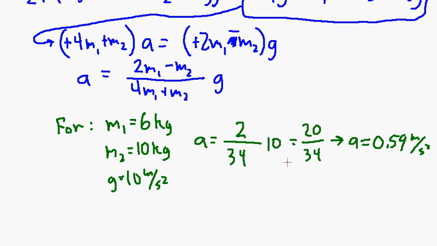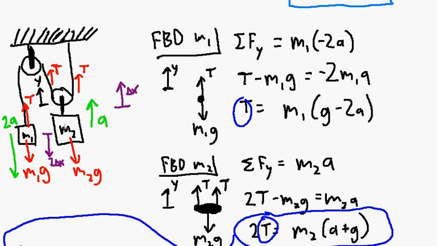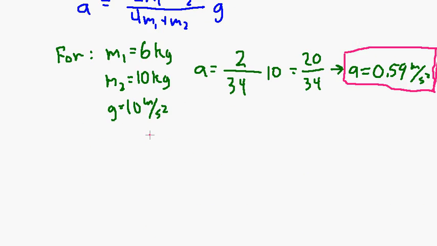Okay, so let's box up that one, and that's A, if I recall right, that was the acceleration of M2. We said that was A. So let's just say the acceleration of M2 equals 0.59 meters per second squared up, right?